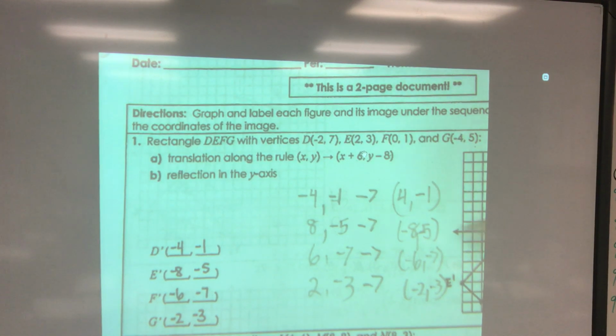And then X is -8, Y is -5. 1, 2, 3, 4, 5. And then -6 and 7, so I go to -6 right here and down to -7. And then I have -2, so 1, 2, and -3.